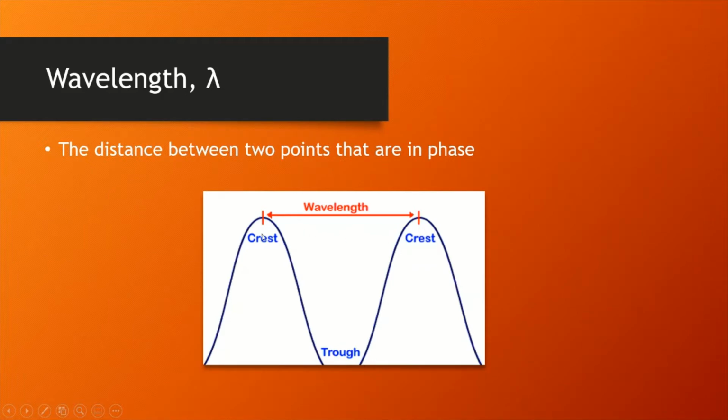If it is a transverse wave, then we say it is from crest to the next crest, trough to the next trough. But if it is a longitudinal wave, then we say it is compression to the next compression. So in general terms, a wavelength is the distance between 2 points that are in phase.